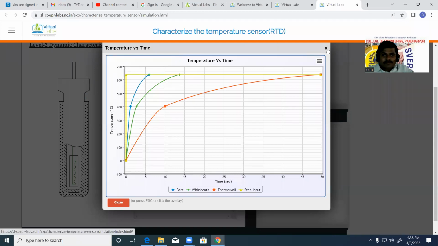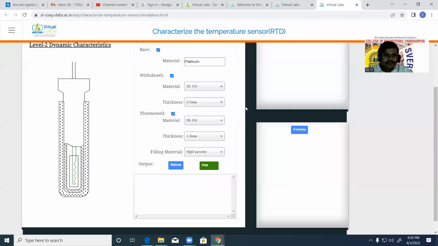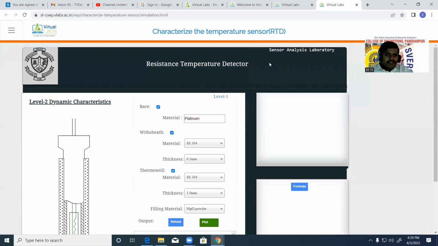Getting hello? So this is the first practical regarding sensor and application, that is, characterize the temperature sensor, resistance temperature detector. Okay, getting all of you?